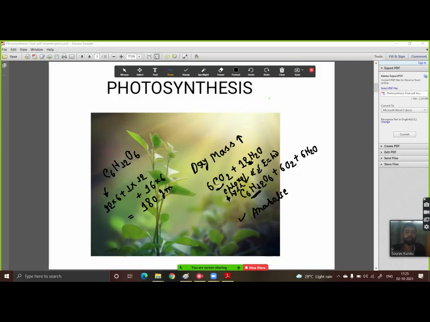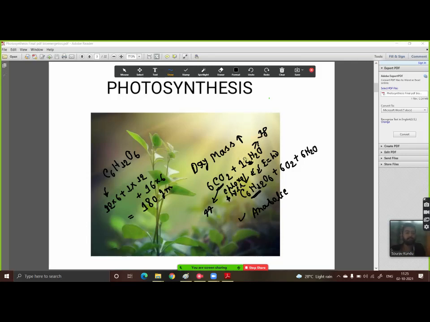Carbon dioxide has a molecular weight of 44, and water has a molecular weight of 18. I'm not talking about 6 molecules of carbon dioxide, I'm talking about 1 molecule, which has a molecular weight of 44 grams, and water 18 grams.